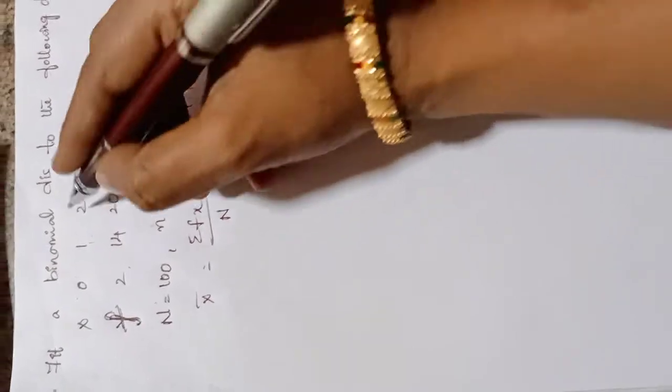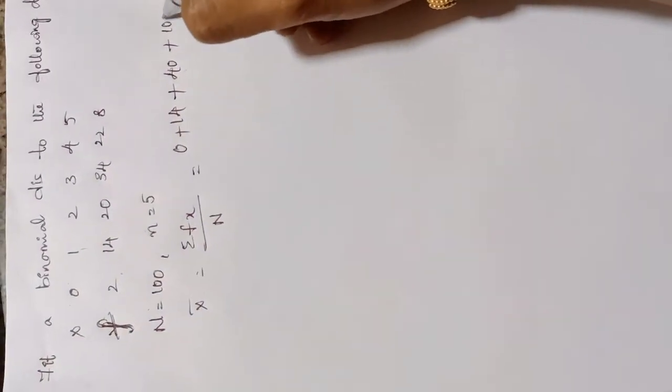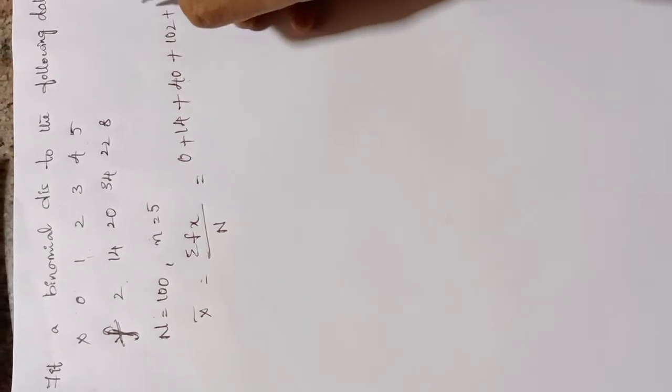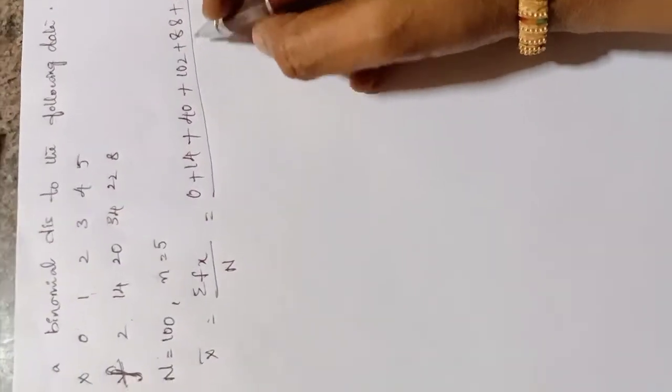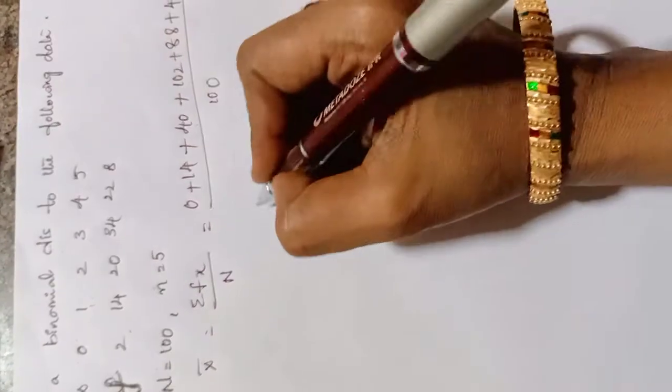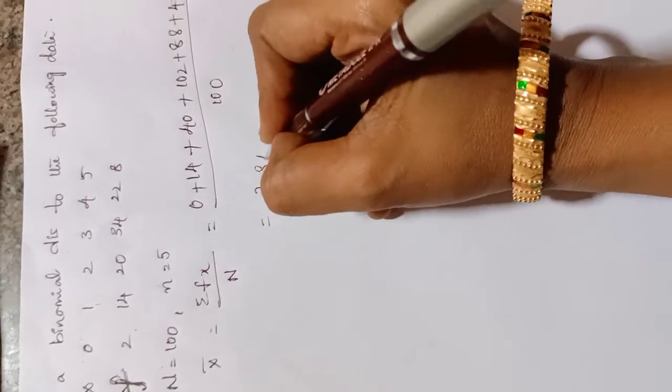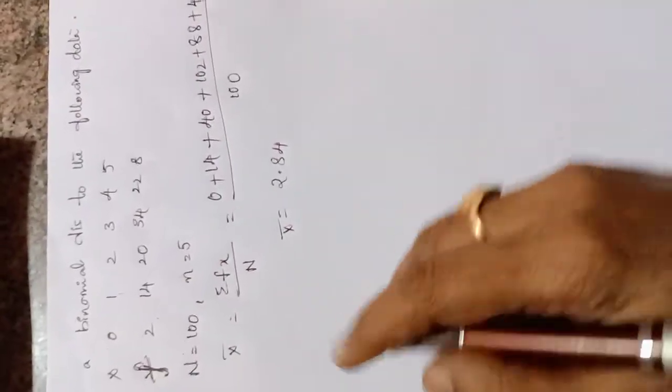That is 0 into 2 means 0, plus 1 into 14 means 14, plus 2 into 20 means 40, plus 3 into 34 means 102, plus 4 into 22 means 88, plus 5 into 8 means 40, divided by capital N, which is 100. That is equal to 2.84. This is the x bar value.